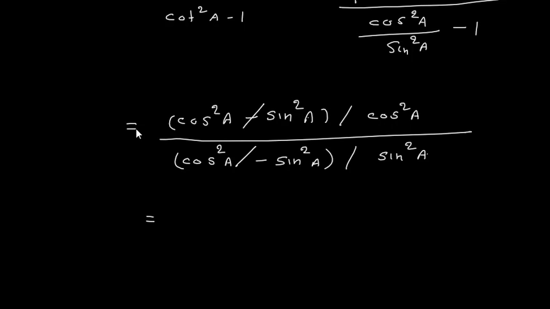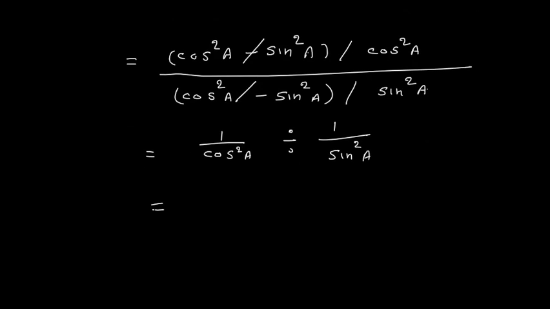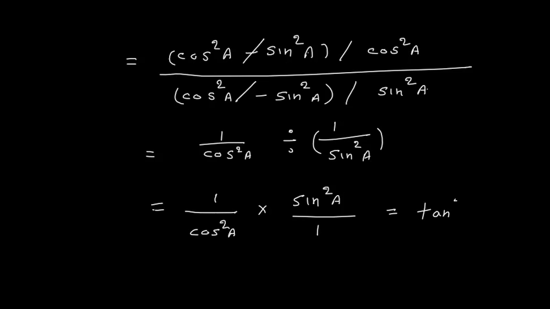So basically you will get 1 upon cos square A divided by 1 upon sin square A. Now I will write this division like this, so it is more clear to you. 1 upon cos square A, I will reciprocate this 1 upon sin square A, it will become sin square A upon 1. So sin square upon cos square, what do we get? We get tan square A, and this is what we have to prove, the RHS.